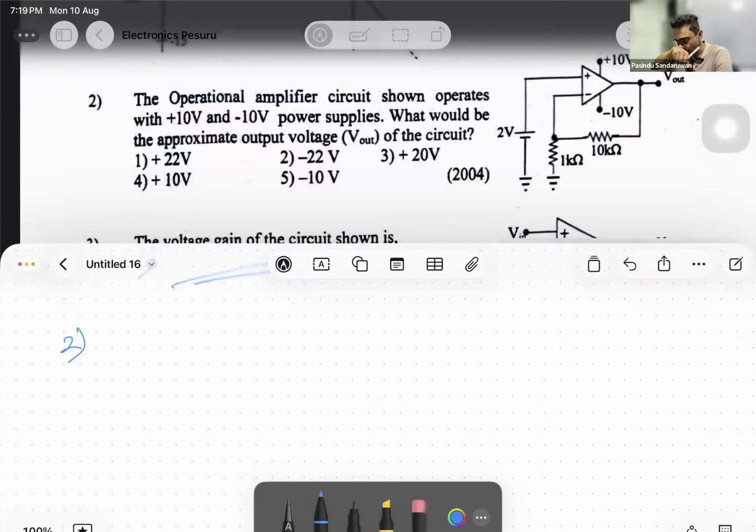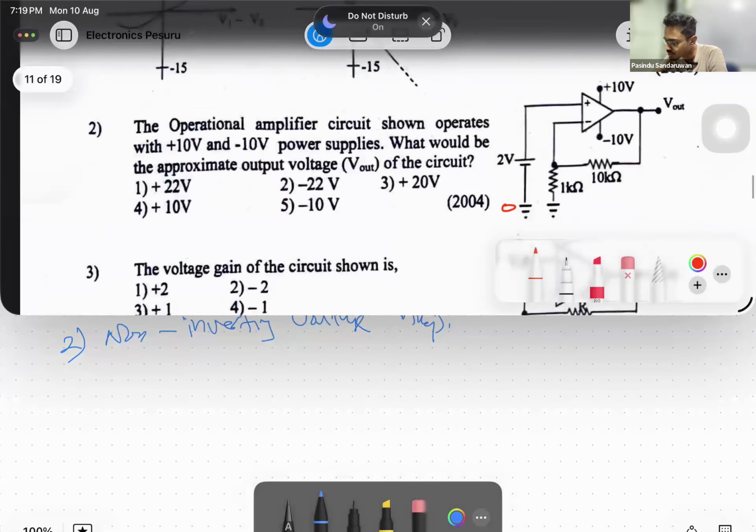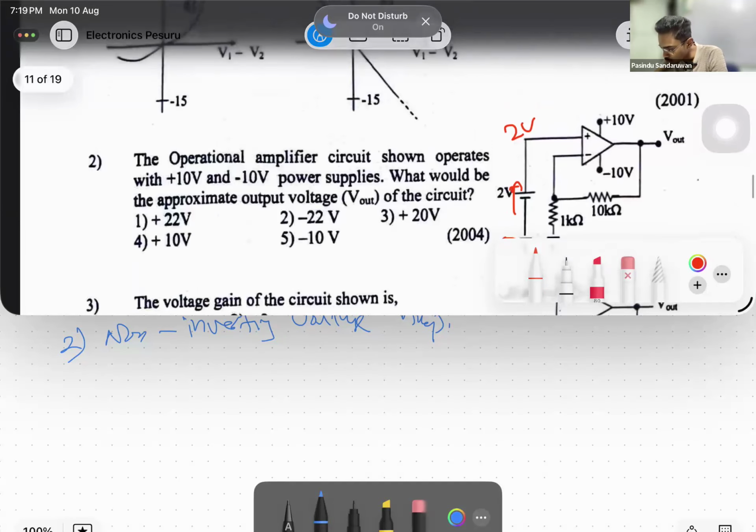The first thing you should see is that this is a non-inverting voltage amplifier. If this is 0, the other side of the battery is 2, so this is 2, and that voltage is the Vin of our usual op amp.